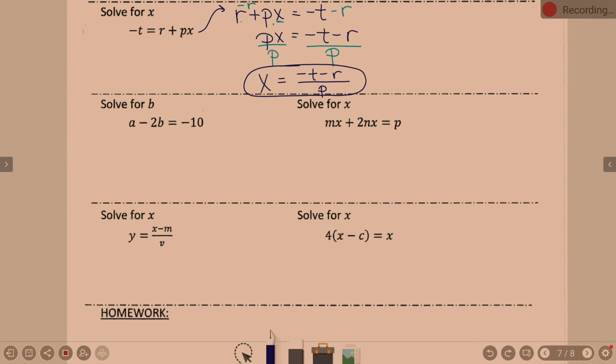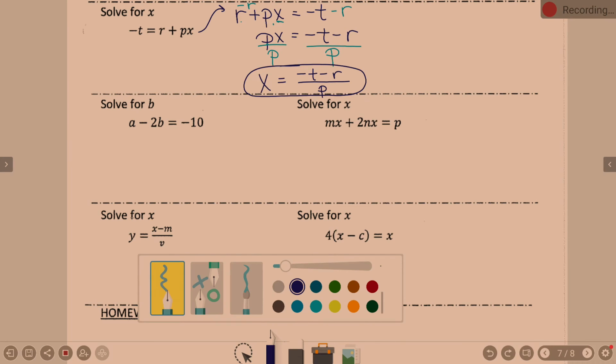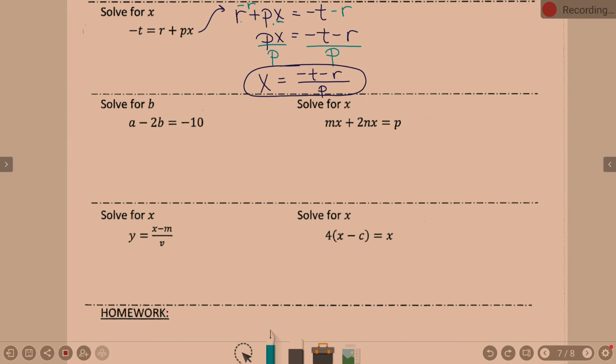Okay, let's try another one. This time it's a minus 2b equals negative 10, and we're being asked to solve for b. So in the end, I want it to be b equals, right? Yep.